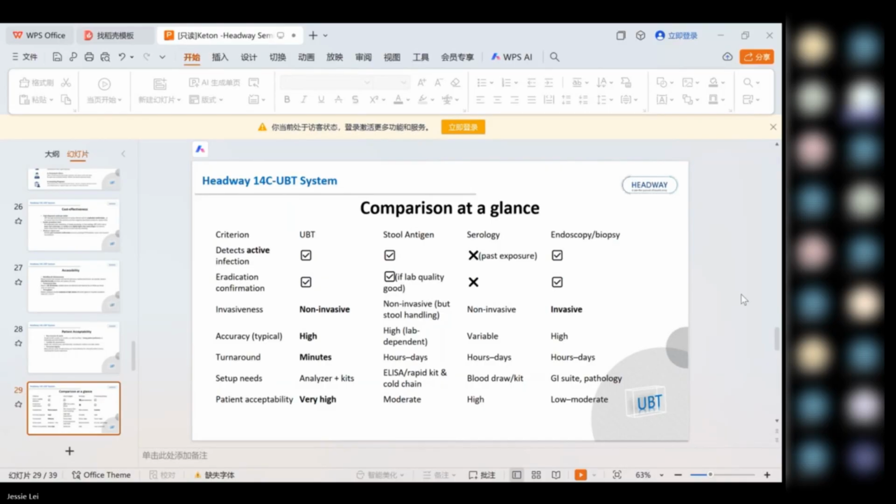So let's say a healthy individual does not have H. pylori. Once they swallow the kit, no urease is produced, and essentially no detection of the urea or the ammonia and carbon dioxide in the breath. But if a patient or a client is actually infected by H. pylori, the H. pylori actively produce urease, and once urease is released, they will break down the labeled urea, that capsule that we are giving, and ammonia and carbon dioxide will be produced.